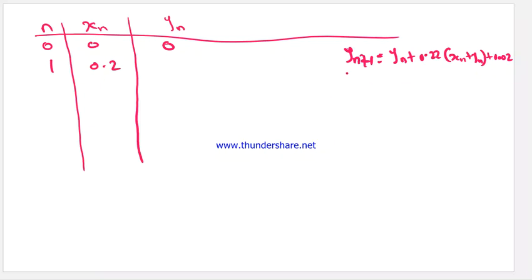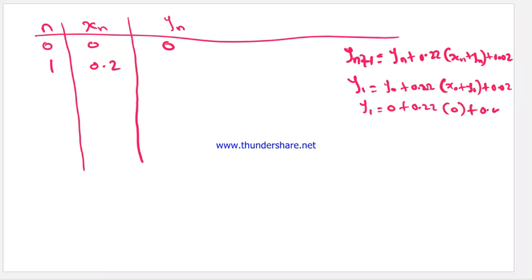So it means our y1 will be equal to y0 plus 0.22 times x0 plus y0 plus 0.02. So it means our y1 equals 0 plus 0.22, what's our x0, y0? 0 plus 0.02.